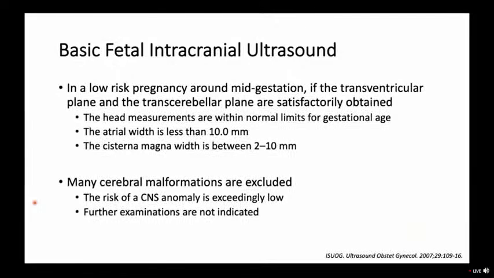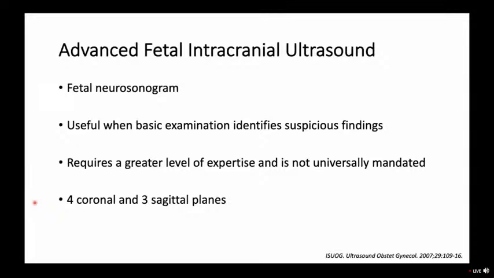And if you go through each of these planes, it's really unusual that there's going to be any further abnormality present in the brain. If you do see something unusual in the head, then we probably should not just be going transverse. We need to be going coronally and sagittally.